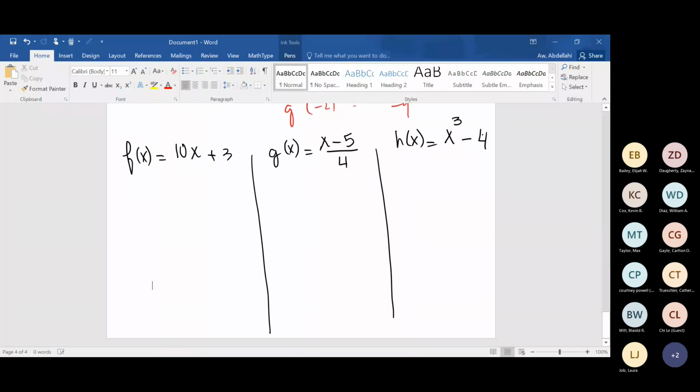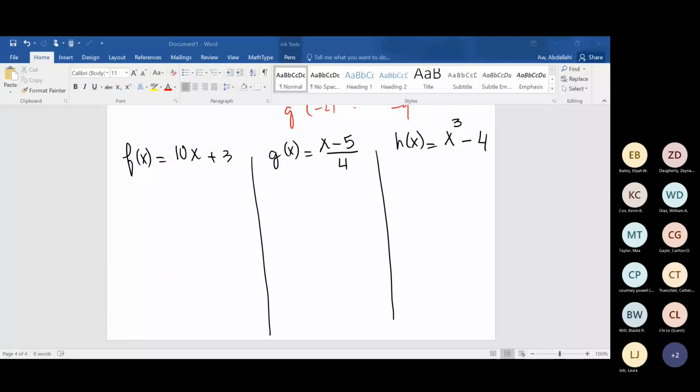Go ahead, everybody. Find f minus 1, g minus 1, and h minus 1 of x. Take about five minutes, everybody.